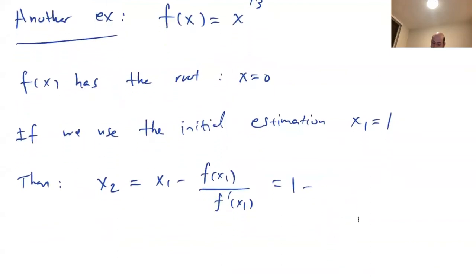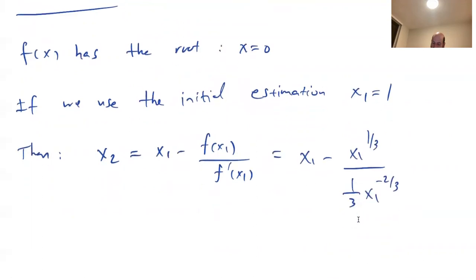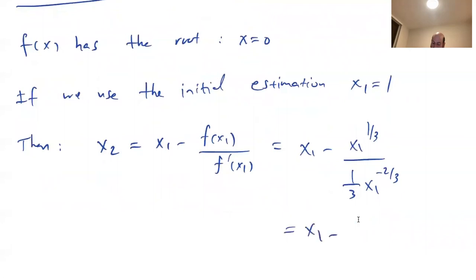So maybe first I can write it in terms of x1. This is x1 minus x1 to the power 1 over 3, over 1 over 3 x1 to the power minus 2 over 3. So that's x1 minus 3 times x1, because x1 to the power minus 2 over 3 is in the denominator.